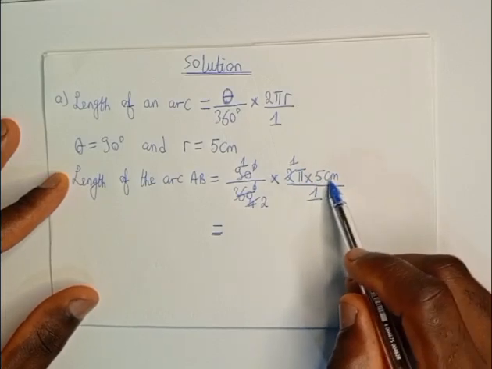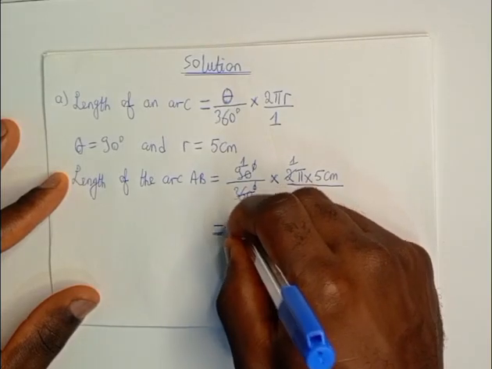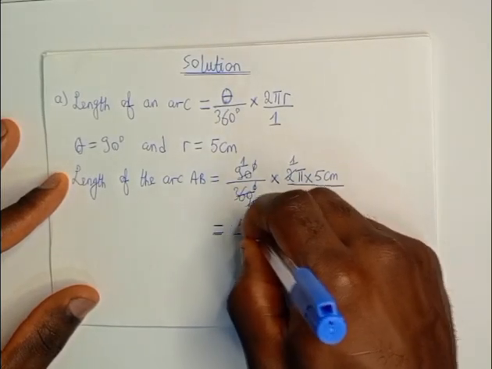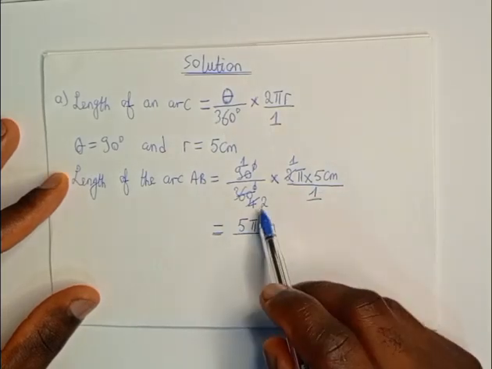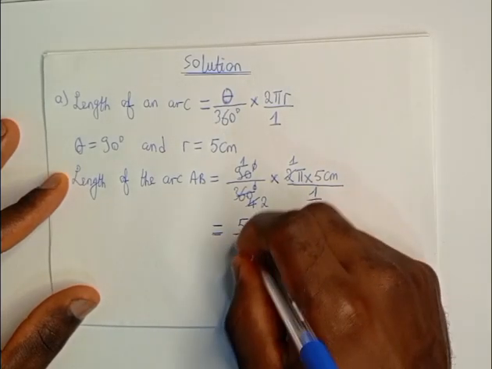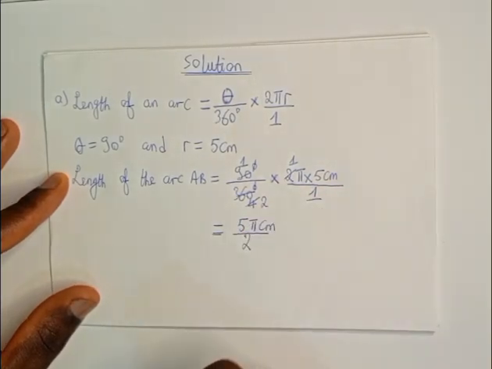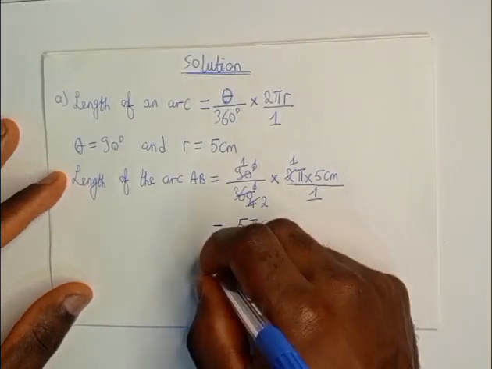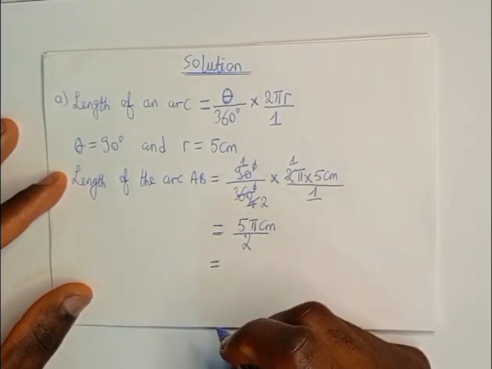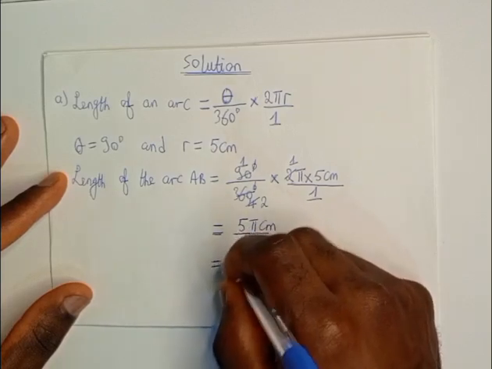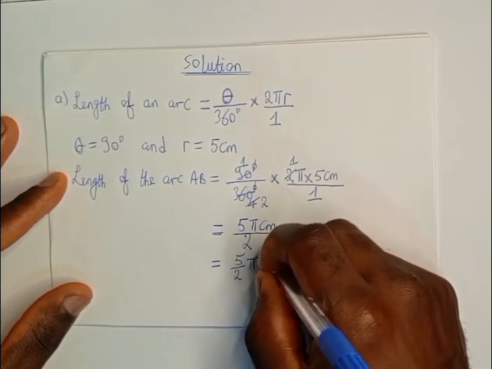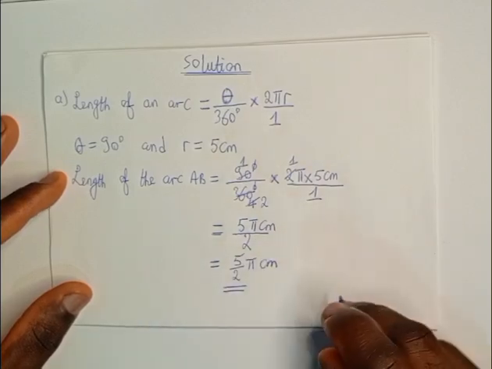Pi times 5 centimeters gives us 5 pi centimeters all over. At the denominator we have 2 times 1, which is 2. Therefore our length of the arc AB is 5 pi over 2 centimeters. This is the arc length.